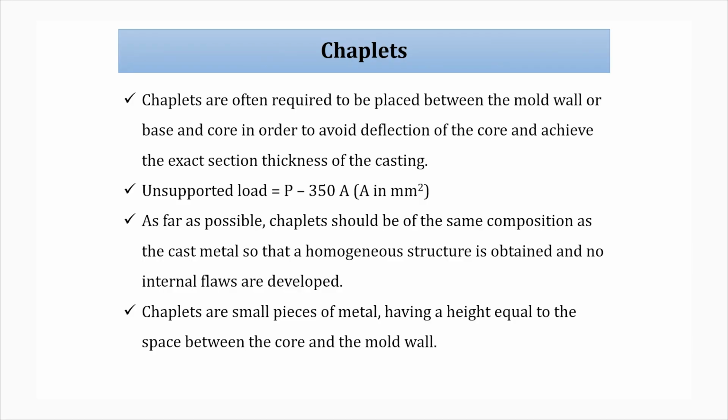Chaplets are often required between the mold wall or base and the core, in order to avoid deflection of the core and achieve the exact section thickness of the casting. Unsupported load is P minus 350A, where P is the upward force and 350A is the core print holding load.